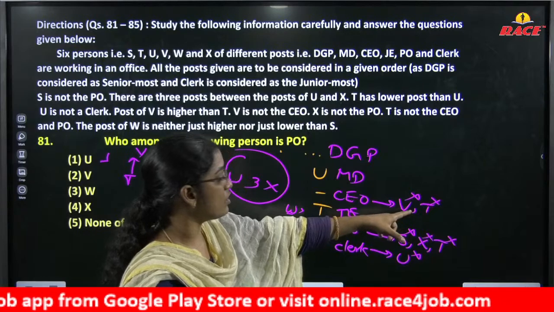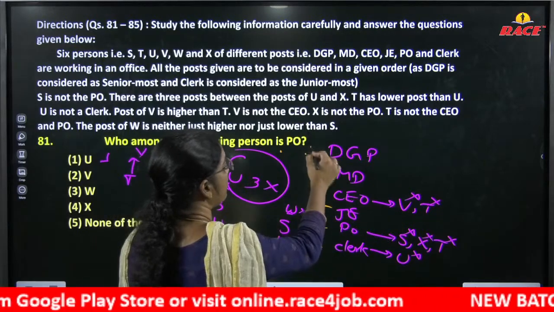But here we are not having a chance to take V, right? So that's why I'm taking V here.